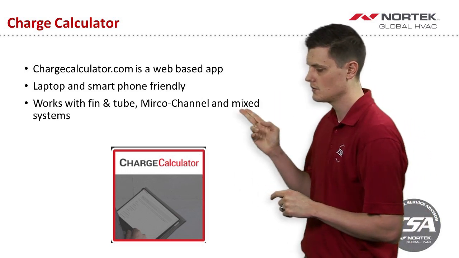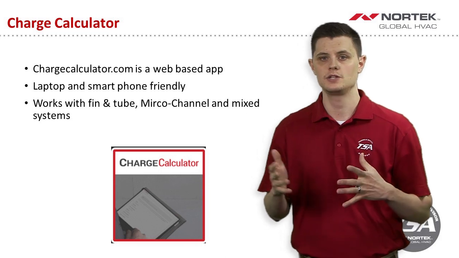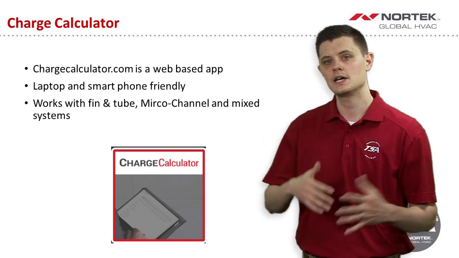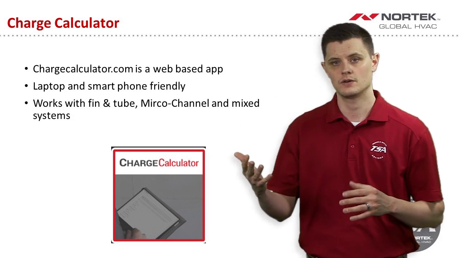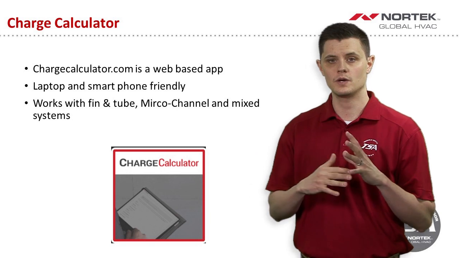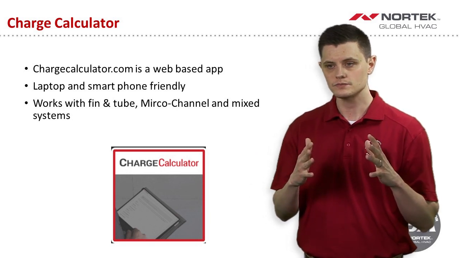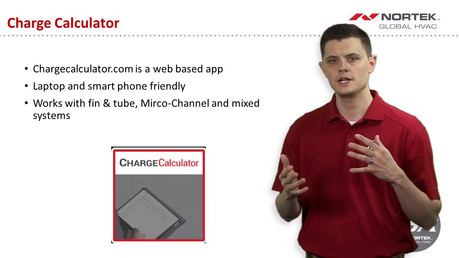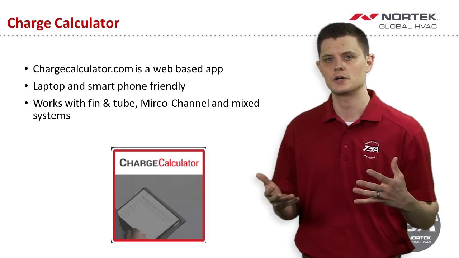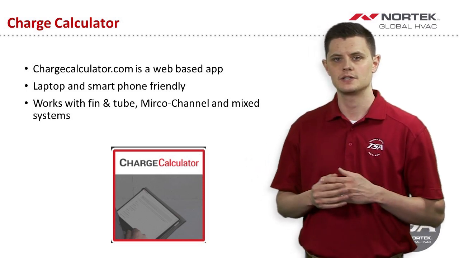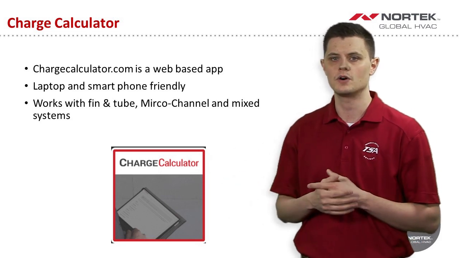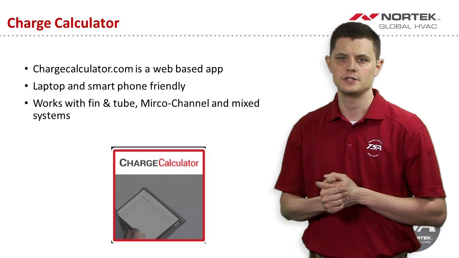Also too, we've had applications where we have microchannel on the inside and tube and fin on the outside. So the calculator, from what we worked on, was combining the two types of coils and trying to get you guys an accurate charge number, because usually in the spring and all through the summer into the fall, we have a lot of charging questions.